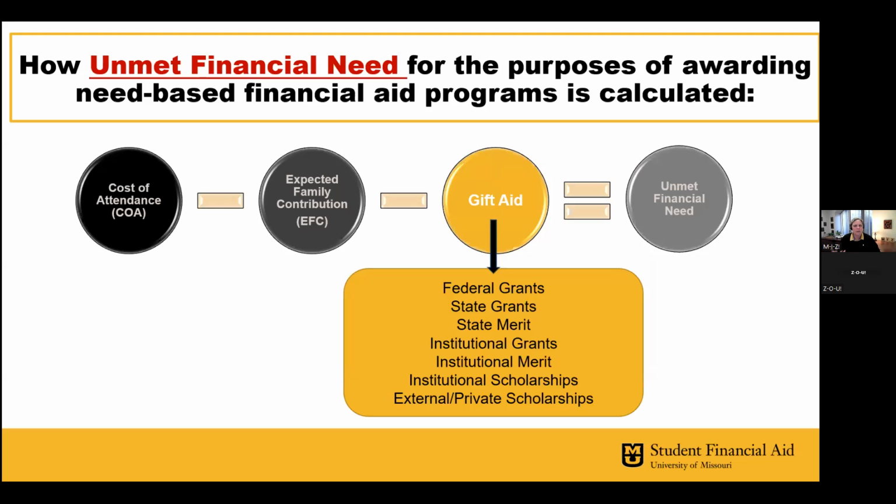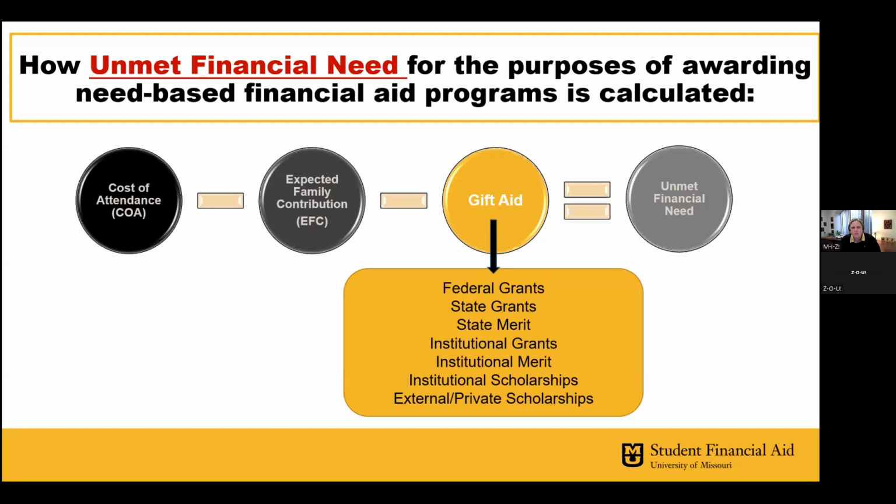So any federal grants, state merit, institutional grants, institutional scholarships, external scholarships, any type of financial aid or financial resource that you're getting that does not have to be repaid, we're going to include in this calculation. And then that remaining amount of money, that is your unmet financial need. This is how we calculate financial need.